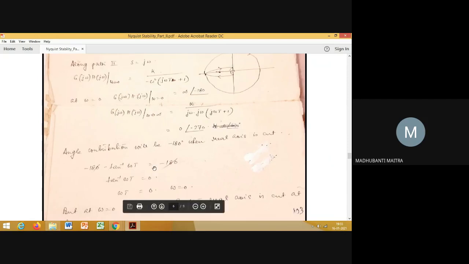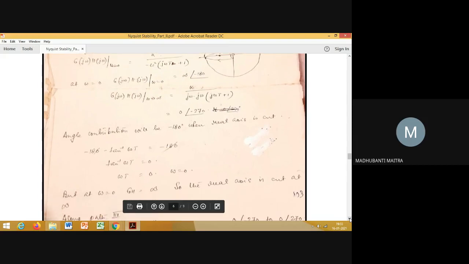So the left hand side is equated to minus 180 degree. Clear? Yes, ma'am. So from this we can find out the value of omega. This is a simpler method, right? So that means tan inverse omega T is equal to 0, or omega T is equal to 0. That means the value of omega is equal to 0.